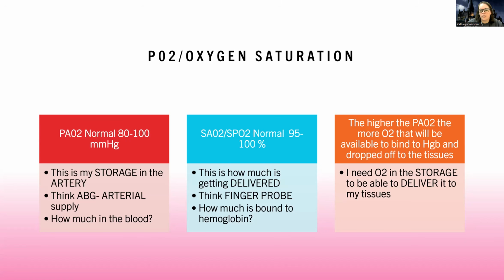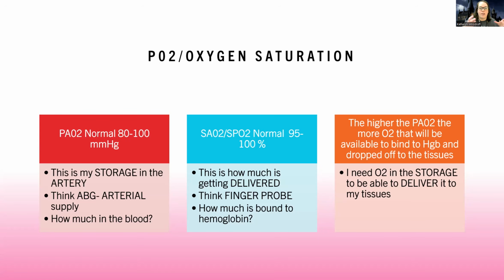So the analogy I always like to do is think of an Amazon store. An Amazon store keeps a bunch of supplies at a main store. So think of the PaO2 as how much supply of something that I have. That's the PaO2. But then how much of that actually ends up getting delivered to people, et cetera.